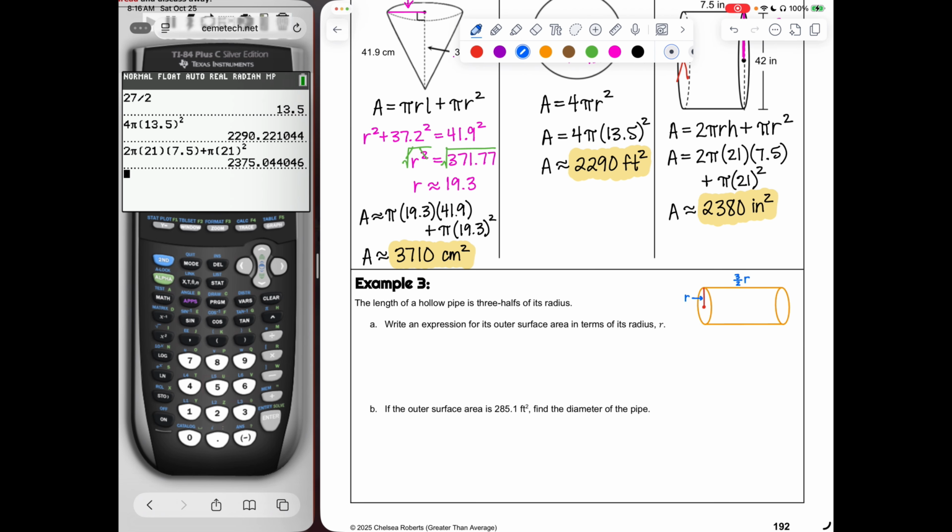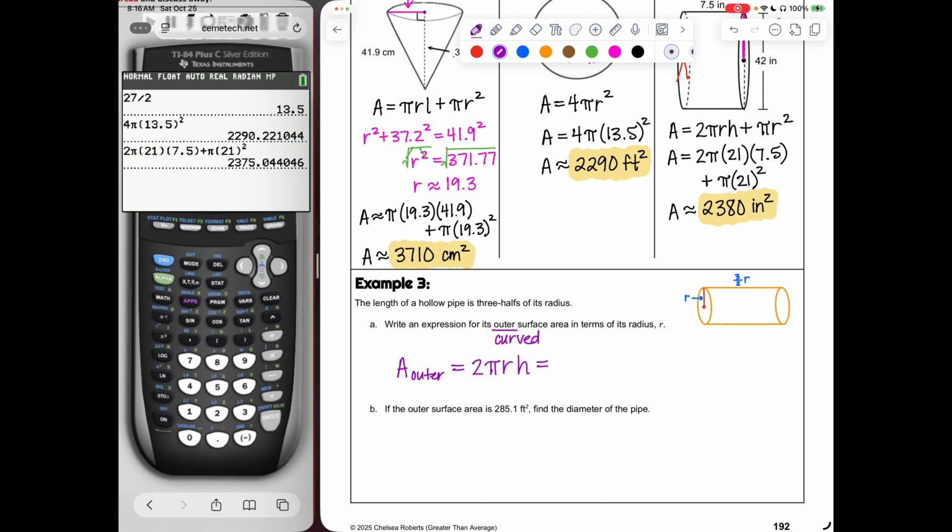Now it says write an expression for the outer surface area in terms of the radius. The outer surface area is referring to the curved surface area. We know that the curved surface area of a cylinder, and I'm going to put area of the outer, is the portion that is 2 pi r h.